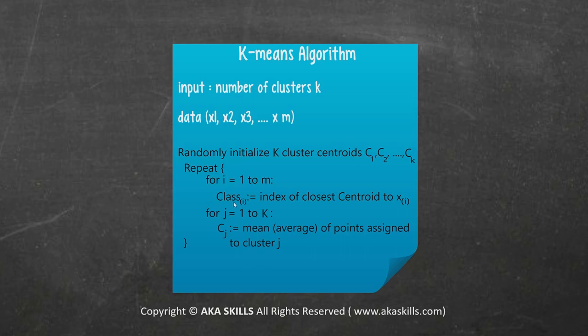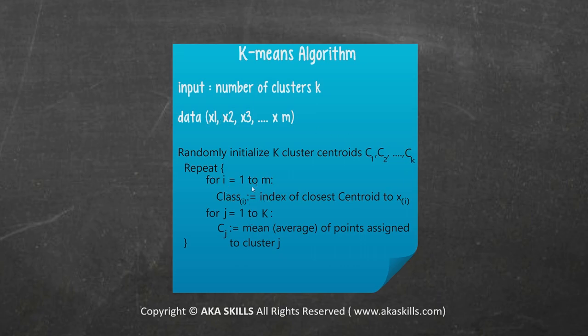Then we assign the class of x2 the index of the closest centroid to x2, and so on. That means for each x we assign its class to the closest centroid.